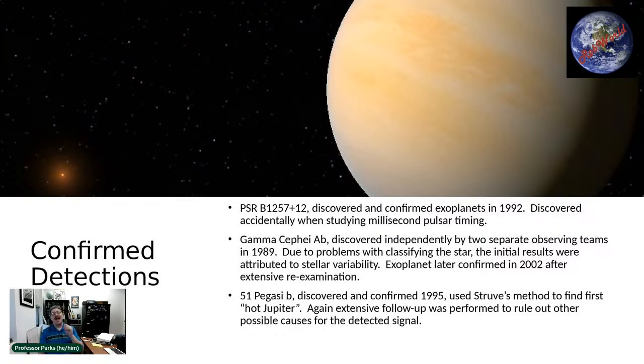This planet is half the mass of Jupiter, so basically half of Jupiter, orbiting at 10 times the proximity of Mercury. It's 10 times closer to its host star than Mercury is. So we got a massive gas planet going around its star with a year of 4 days. It takes 4 days for this thing to go around the star.